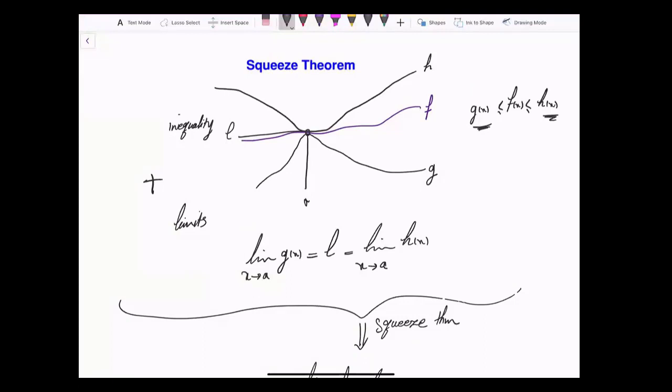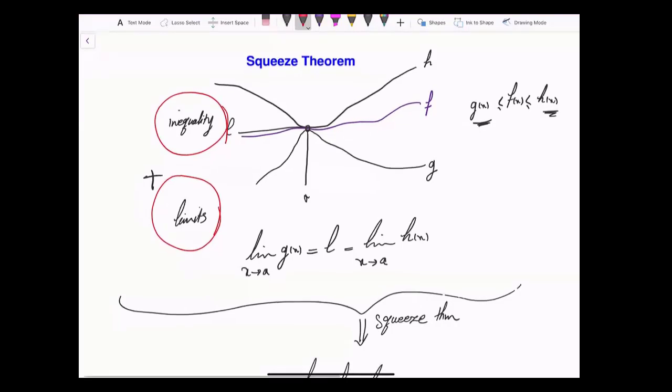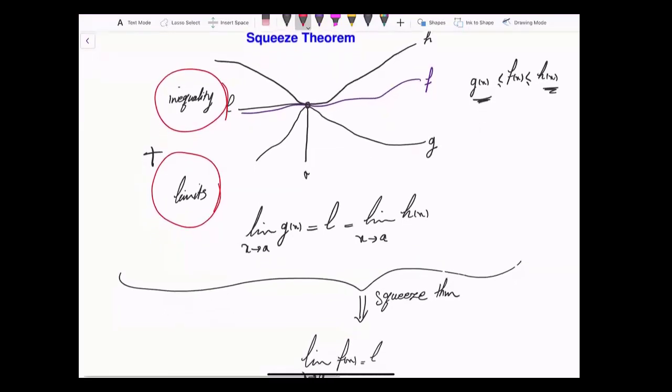It means that the upper function and lower function will sandwich f to the same limit as these two have at a. The key point here is you should make sure that you have an inequality, the limits exist, and they have the same limits.